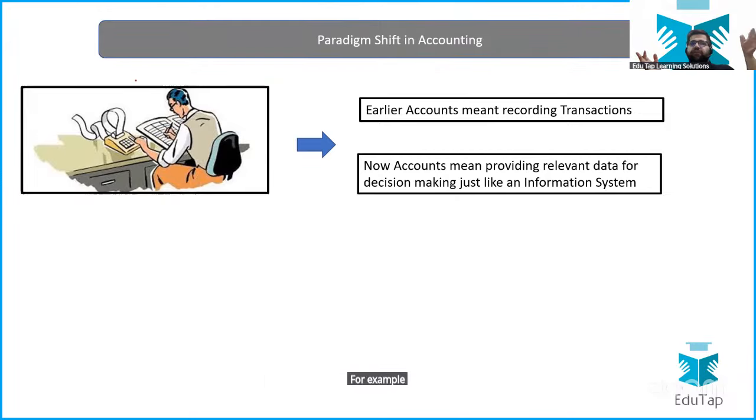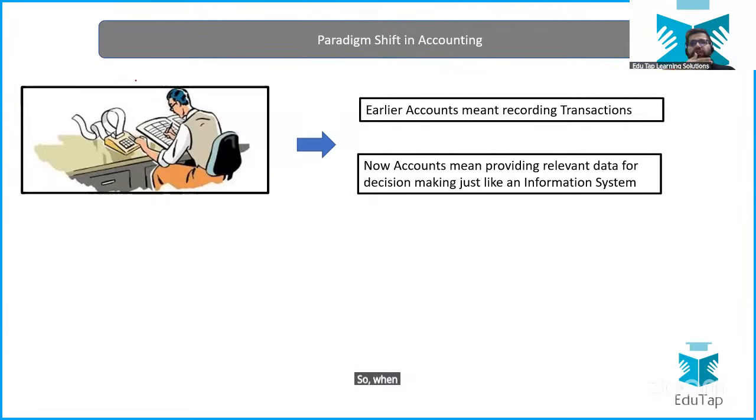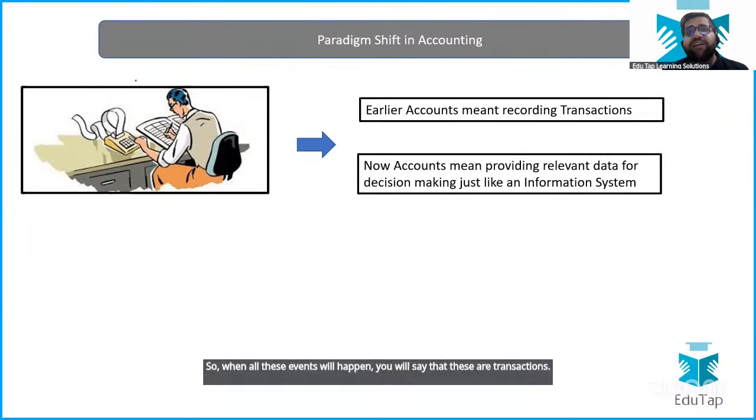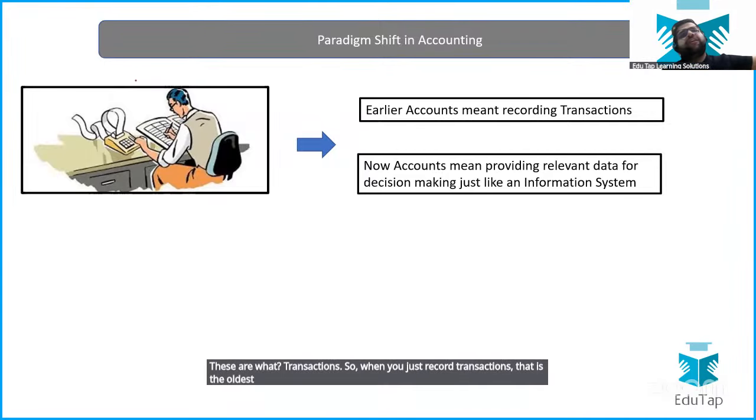For example, think of a company like Reliance, a very big company. They will be supplying goods to Ram, they will be supplying goods to Ramesh, there will be multiple customers of Reliance. When all these events happen, you will say that these are transactions. So when you just record transactions, that is the old age definition of accounting.